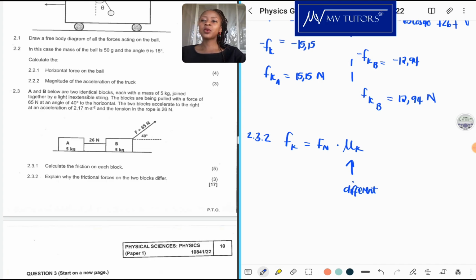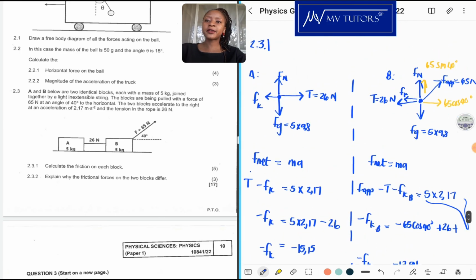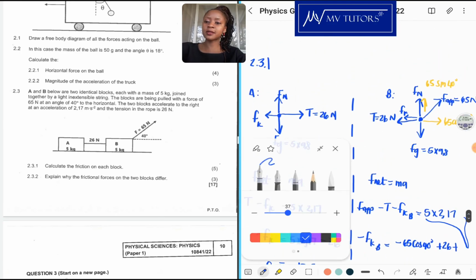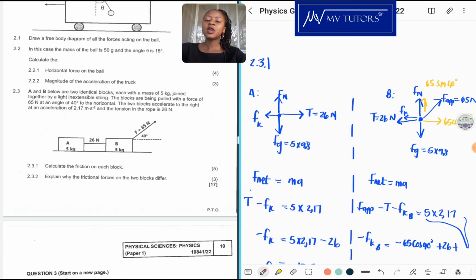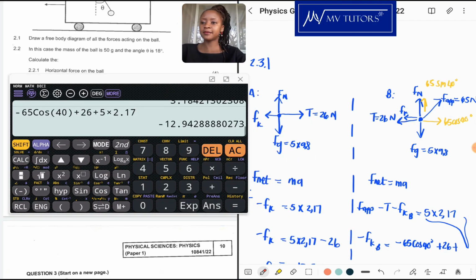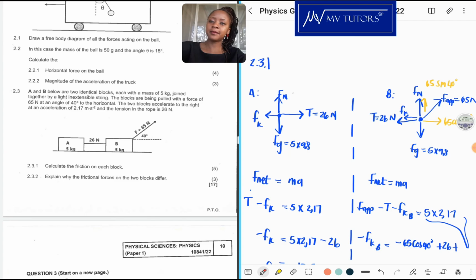So I would rather go with the other factor in terms of getting our kinetic friction. The normal force is different. Look at your free body diagram. So here, our normal force for the first block is 5 times 9.8, that is 49.